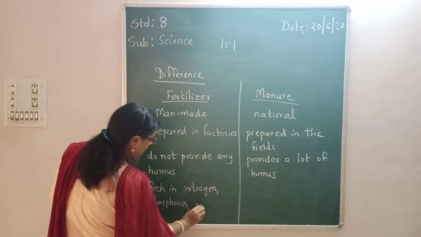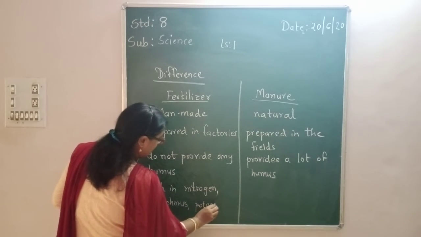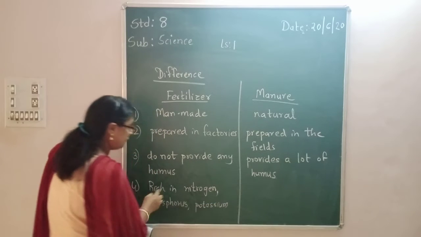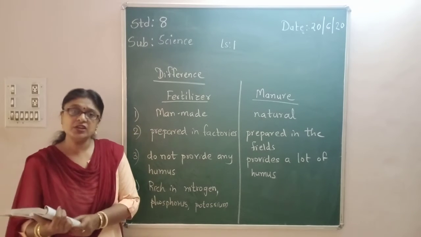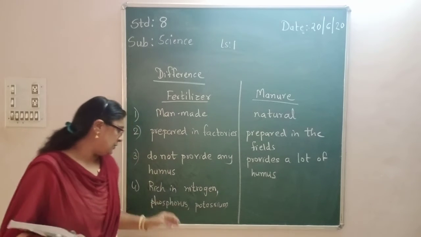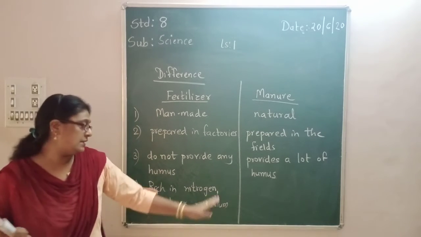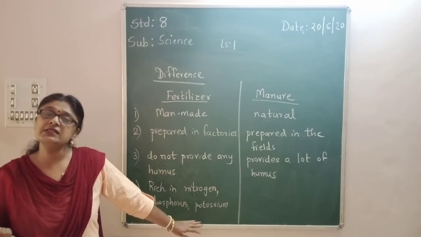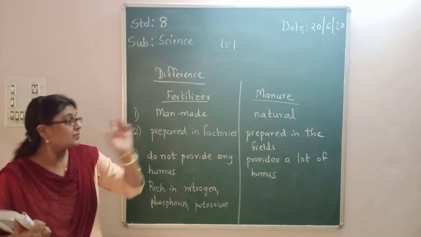What is the meaning of rich in nitrogen? Rich in nitrogen means it is full of. Rich in nitrogen, phosphorus and potassium means these three are the main chemicals that are used in a fertilizer.